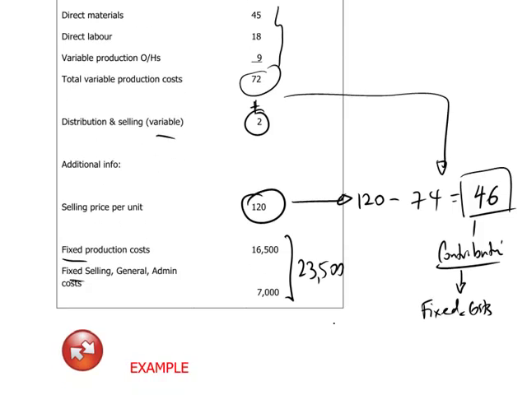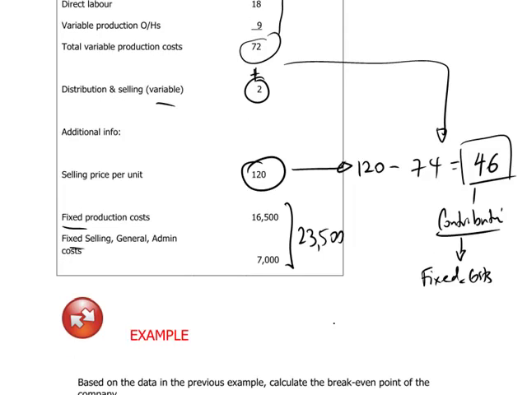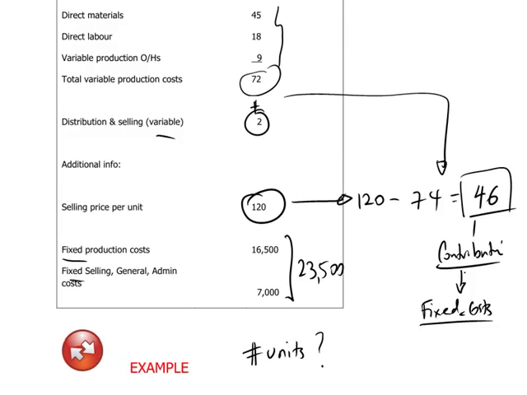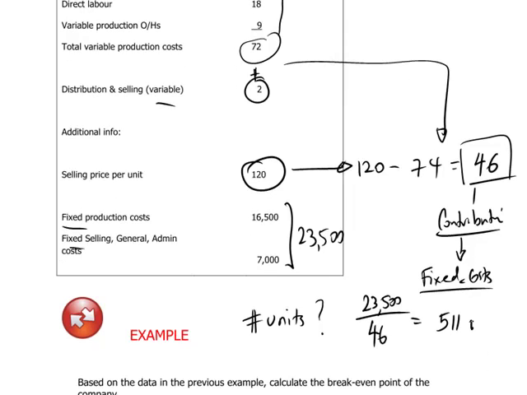So the question is, how do we compute the number of units that we need to sell in order to just cover our fixed costs, i.e. achieve the break-even? If we divide $46 into 23,500, this would give us 511, and that would be the number of units at which we would reach the break-even.